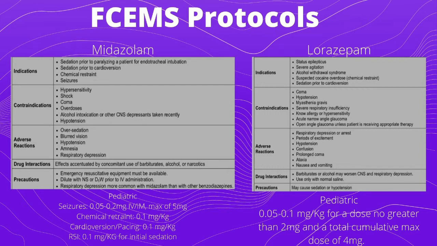With respect to the contraindications of each of these, I'll let you review some of the specifics. However, generally speaking, those who are hemodynamically unstable, already comatose, or those who have any respiratory insufficiency should not be receiving benzos.